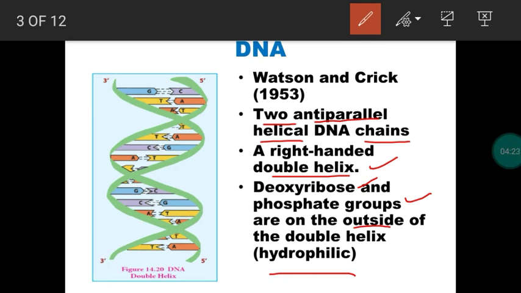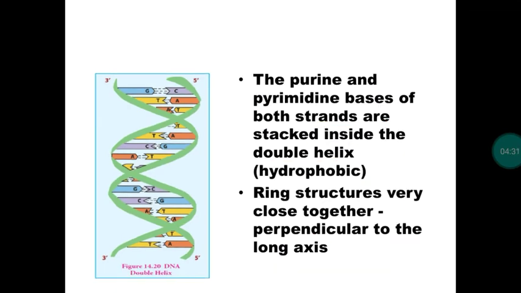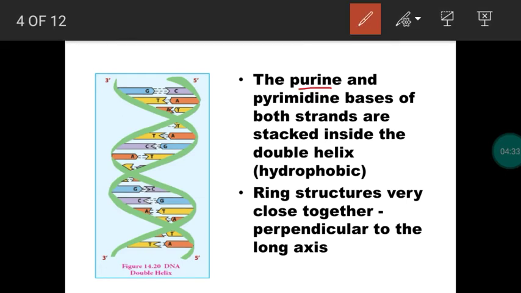Then what will be present within the helix, between the two chains or strands? That is the nitrogenous base. So two components are present outside of the helix, and the remaining one component, the nitrogenous base, is present inside the double helix. We have different nitrogenous bases like thymine, cytosine, guanine, adenine, and uracil.